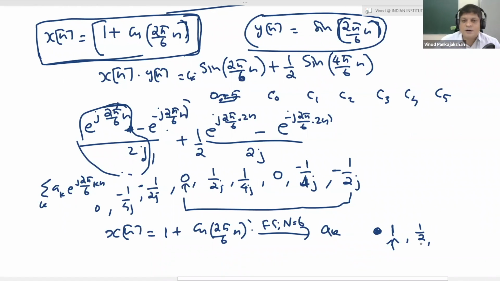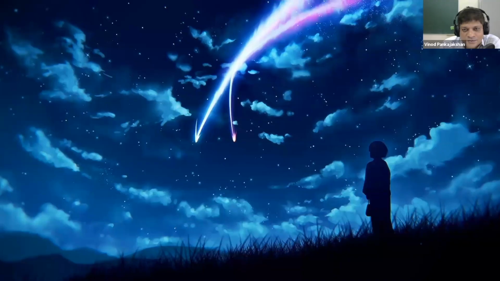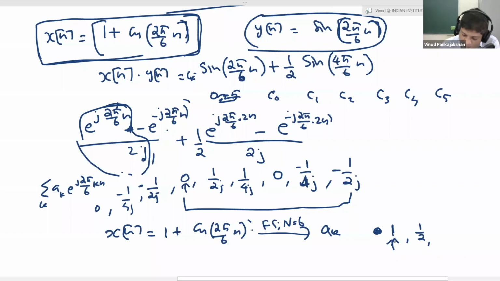Then there is only one more non-zero term. That corresponds to minus 1, so minus 1 plus 6. That will be 5. So 0, 1, 2, 3, 4, and 1 by 2. One period of the Fourier series coefficients of this.